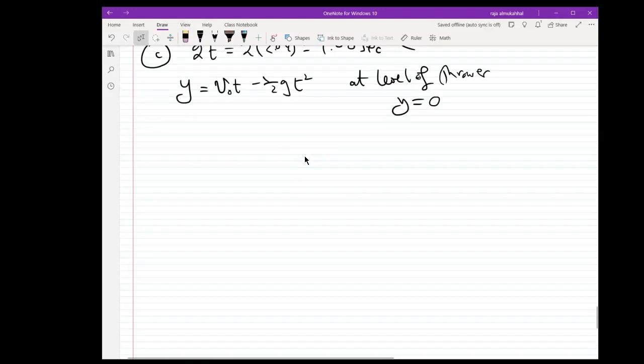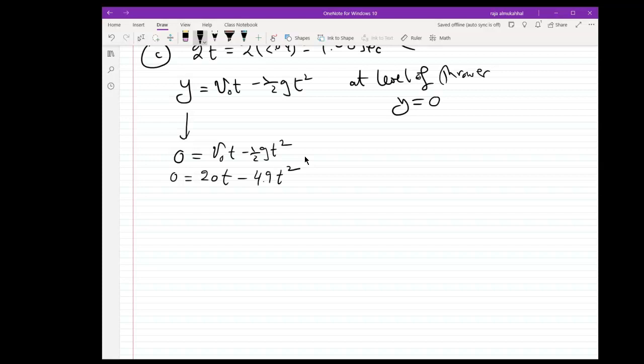So I go back to this equation. I have 0 equals v naught t minus 1/2 gt squared. And all I need to do now is solve for time. So I have here 0 equals 20 times t minus 1/2 times 9.8, which is 4.9 t squared. And then I have a basic algebraic equation that I can solve.